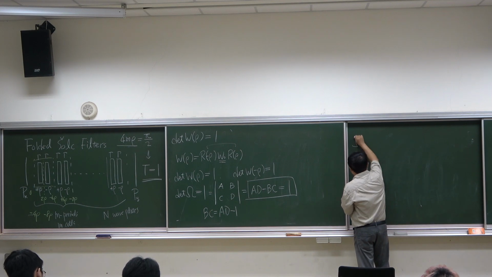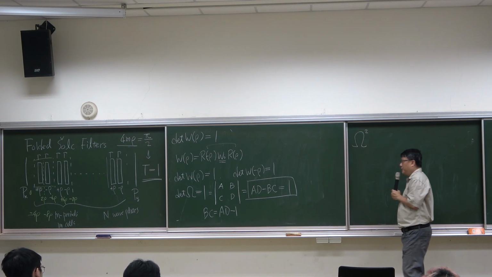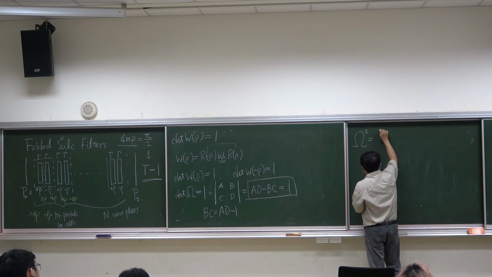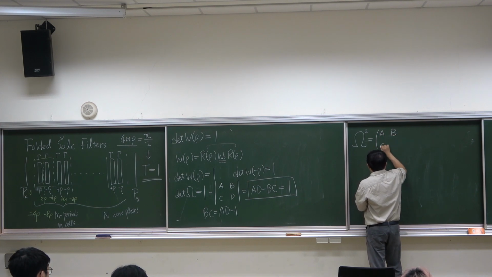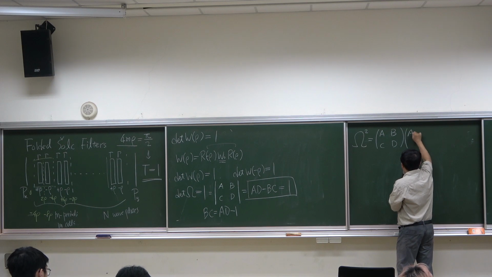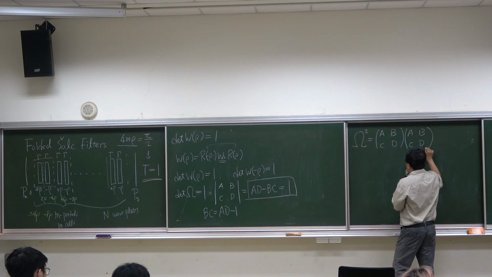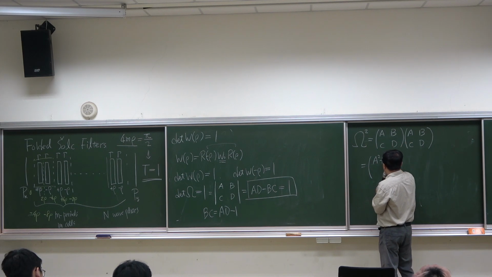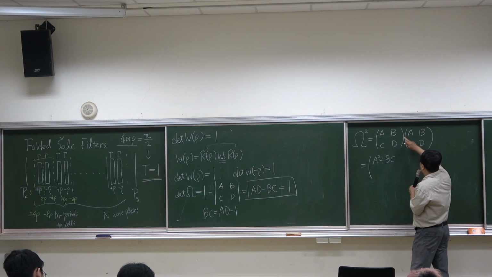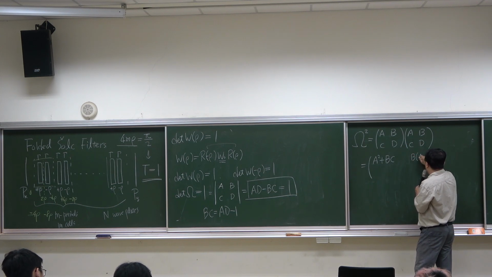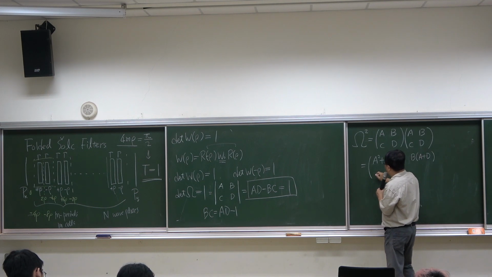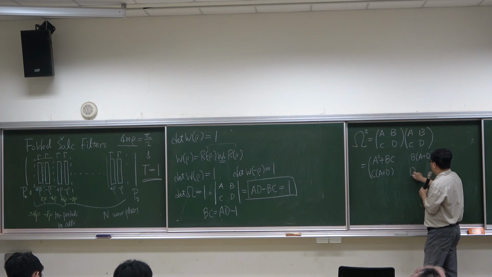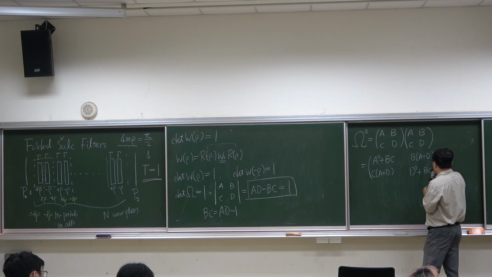Let me show you that if I calculate the square of omega, we get A, B, C, D times A, B, C, D, which is equal to A squared plus BC, B times A plus D, C times A plus D, and D squared plus BC.